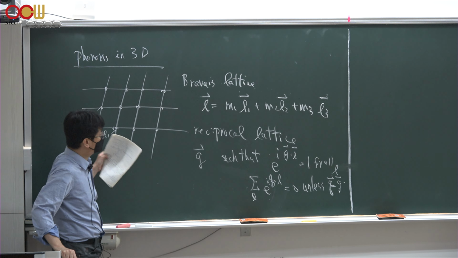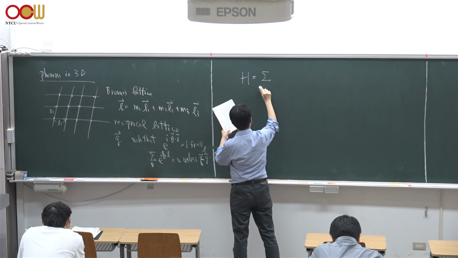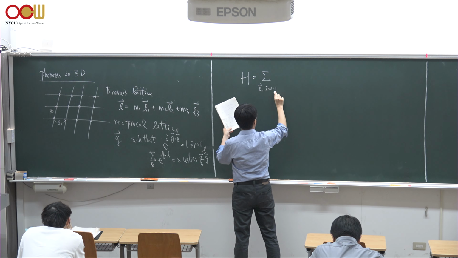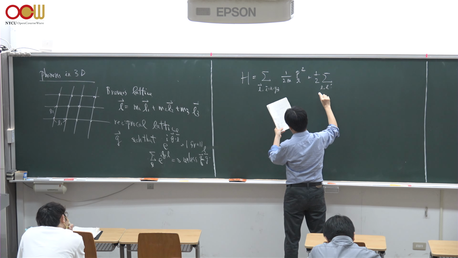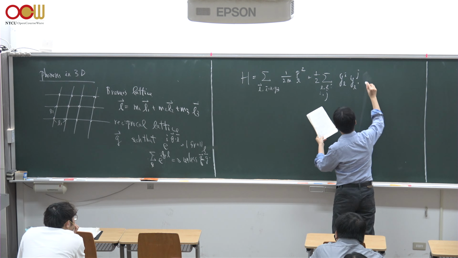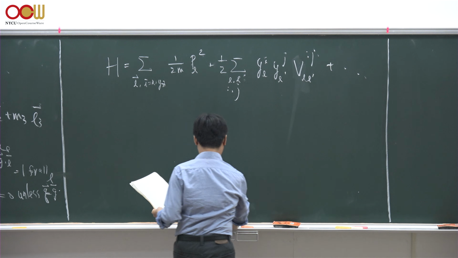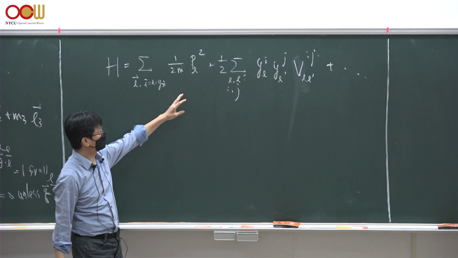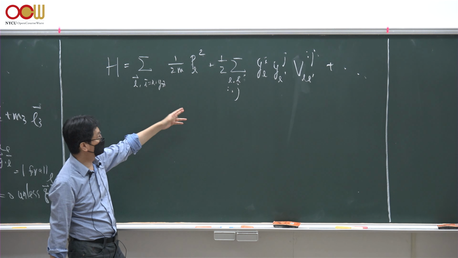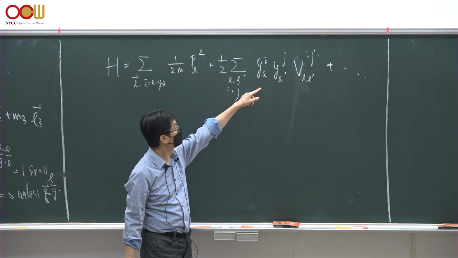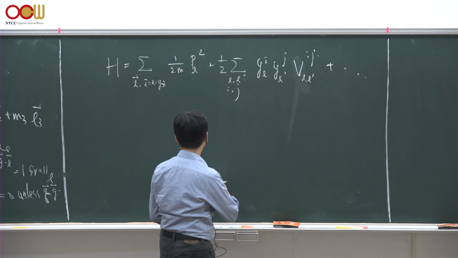And so now let's just write down the Hamiltonian, which is nothing but the 3D generalization of the 1-dimensional phonons. Except now this summation is more complicated. V L L prime, i j. We just expand up to this harmonic or second order in perturbation. So remember now, instead of just a single direction y_L, you get 3 different kinds of displacement vector.